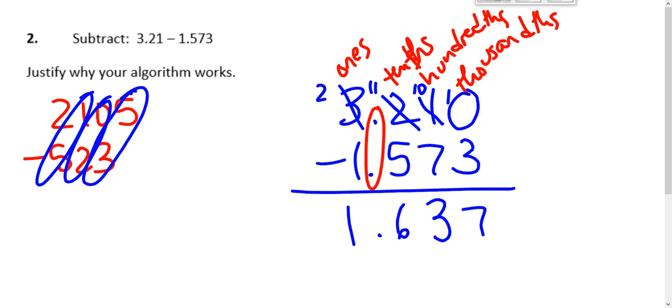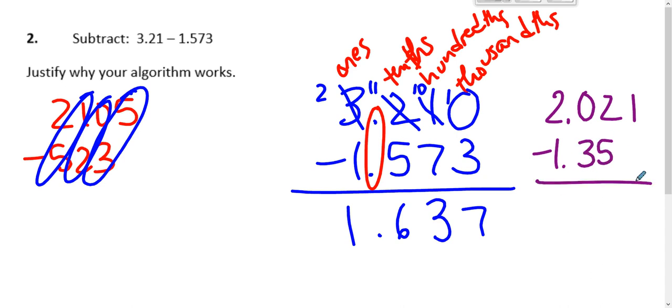The same sort of thing would happen if we were looking to subtract 2.021 minus 1.35. We would look at the thousandths place and say, well, 1 minus what? Well, that's a 0. 1 minus 0, that's 1, and then we can't borrow. We can't do this subtraction.